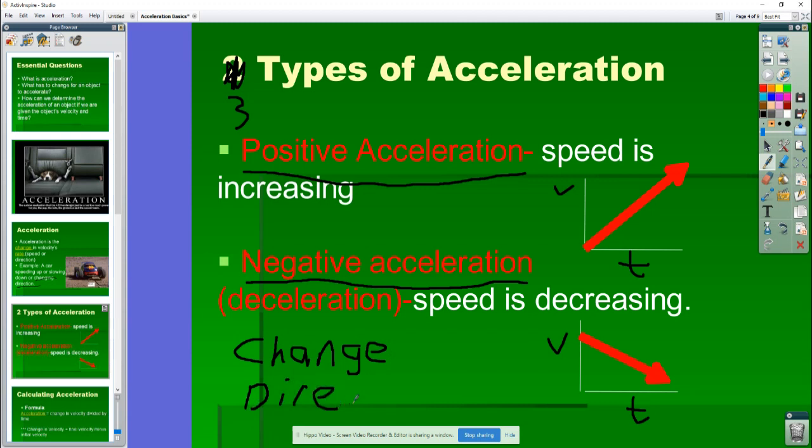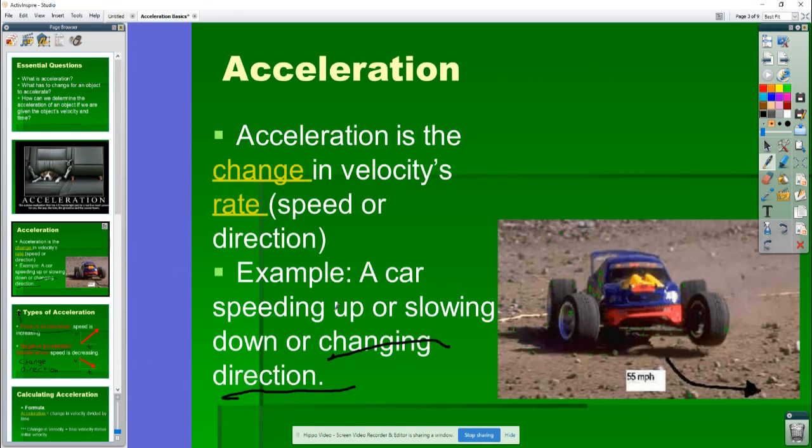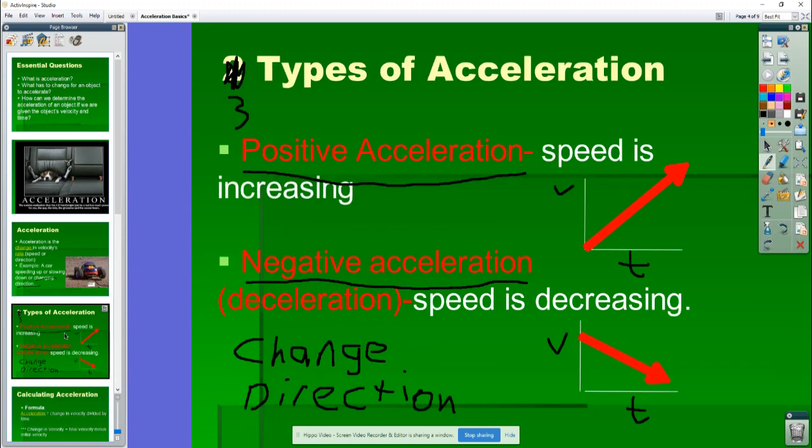Now, in a two-dimensional graph, we can't really show how to change direction, but just keep in mind, see a car speeding up, slowing down, changing direction. Those are all types of acceleration.